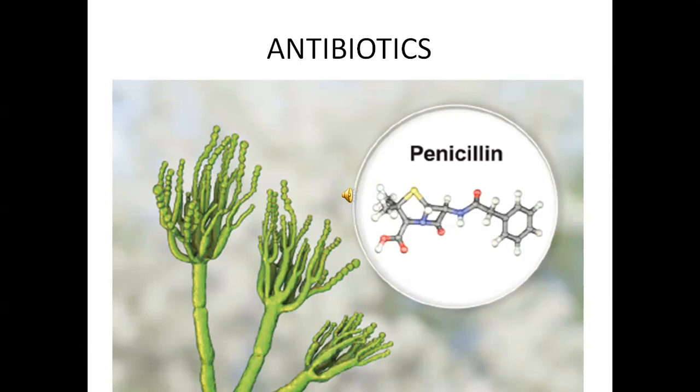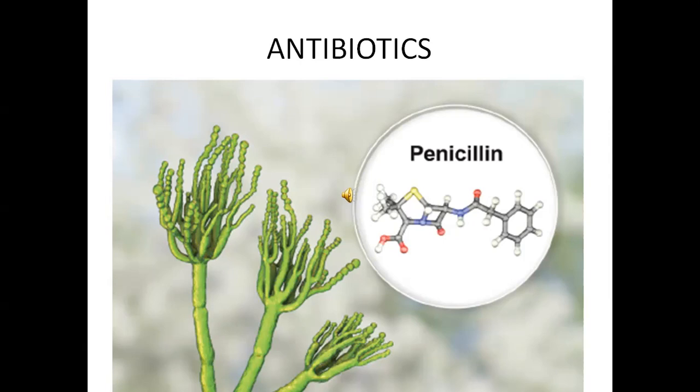After several days, when he returned, he observed the growth of mold, a common fungus, on a part of the petri dish. He also observed that there was no bacterial growth surrounding the mold, which indicated that something in the mold had prevented the growth of bacteria in the culture medium.